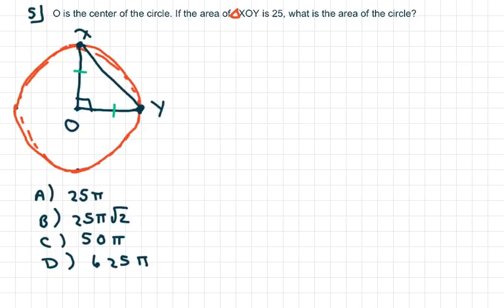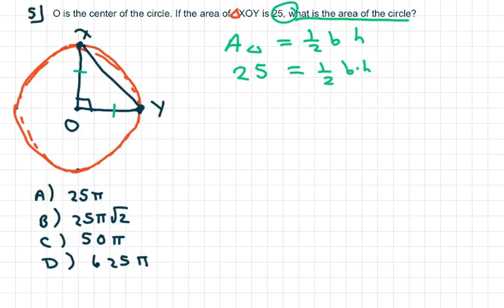We know that the area of a triangle equals 1/2 base times height. Okay, and the area of the triangle XOY is 25. So we have 25 equals 1/2 base times height.